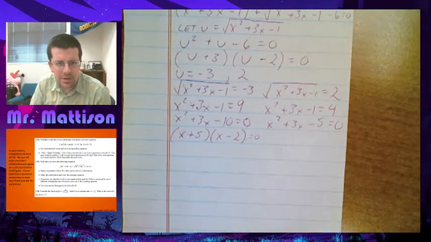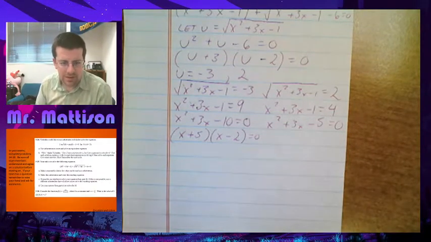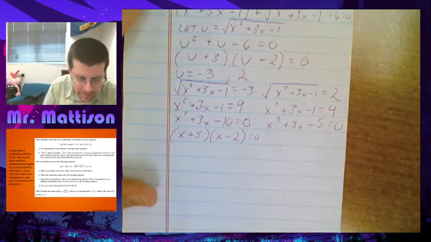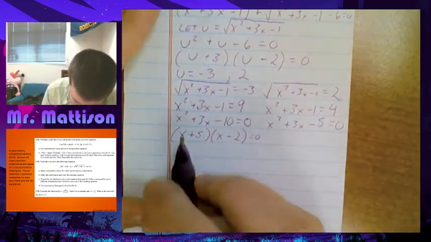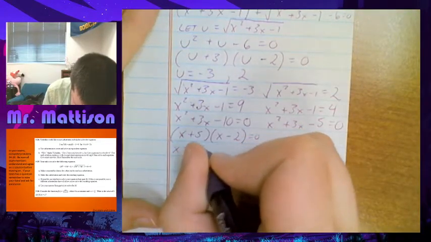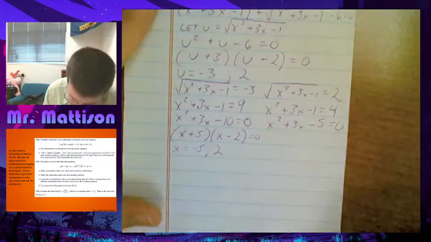Let me just double check that one real quick. Okay, so we're going to need to actually do quadratic formula on that one. So then here we get x equals -5 and 2.